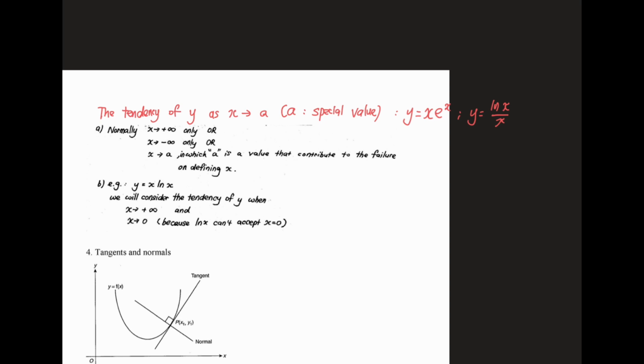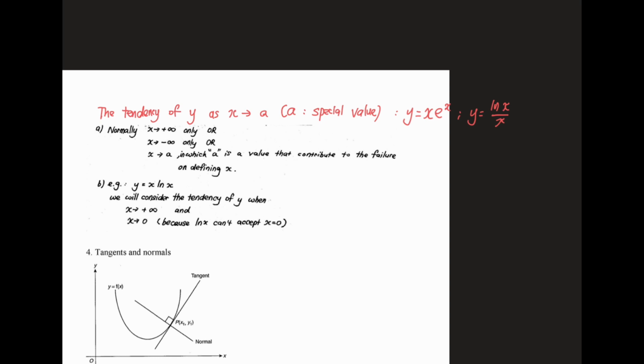Let's look at the note here. Normally x approaches infinity only, or x approaches negative infinity only, or x approaches a, in which a is a value that contributes to the failure of defining x.